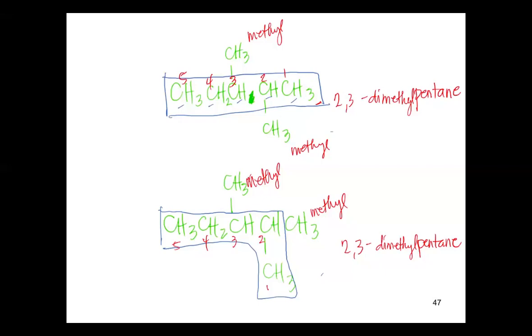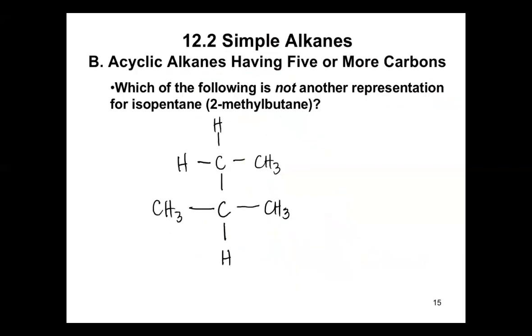Baka may question so far. Kaya if we go back dun sa previous example, bakit pinili ko yung naka-bent na chain? Yung sa isopentane. Pwede kasi yung isipin ng iba, ito na yung parent chain.